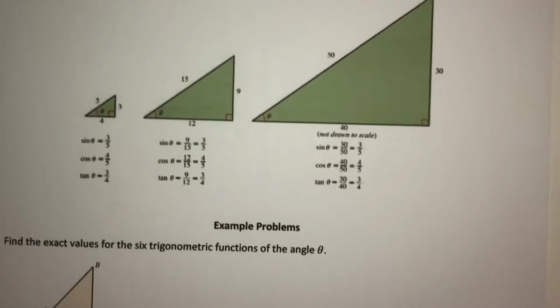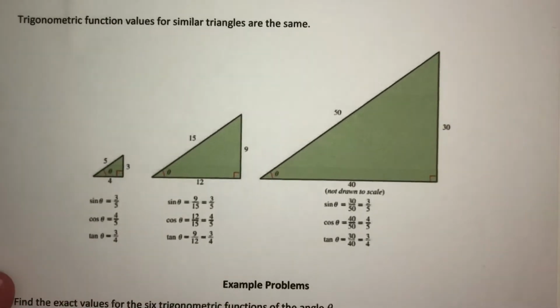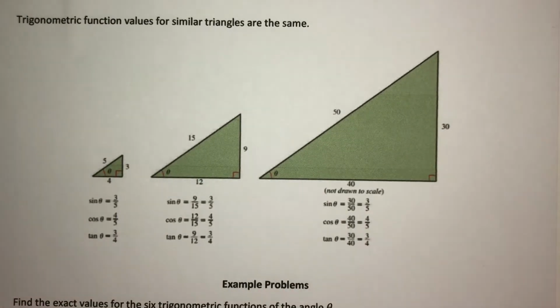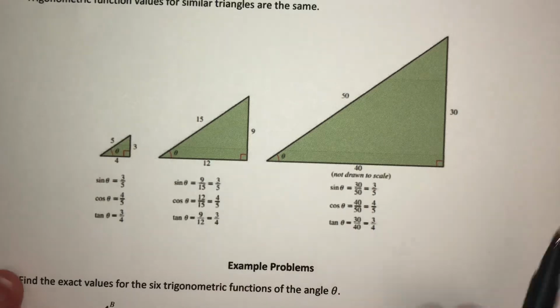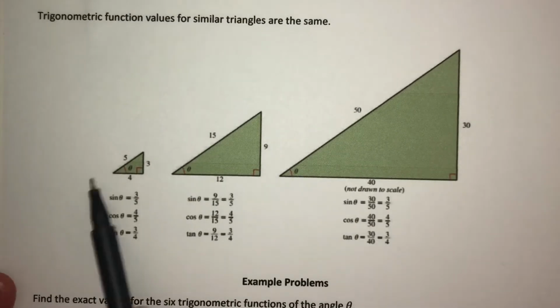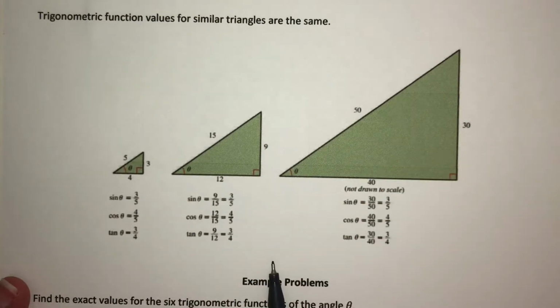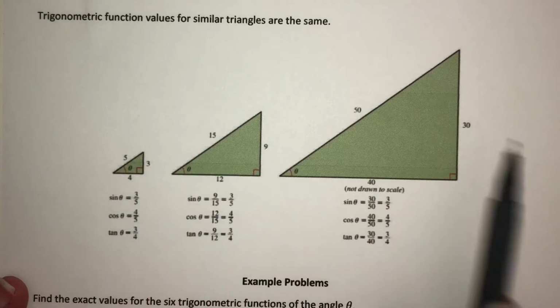Okay? Now, our trig functions are the same for similar triangles. Similar triangles have the same angle measurements, but are proportional. They are scaled up or down, so the sides are different. And here you have three similar triangles. They all have the same angles everywhere. And the sides are proportional.